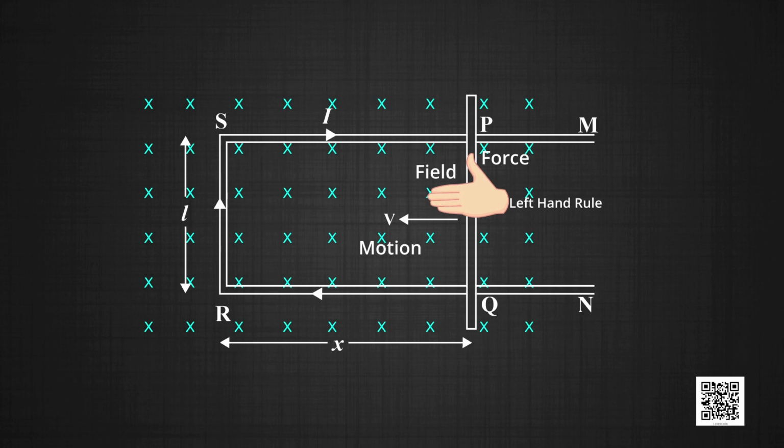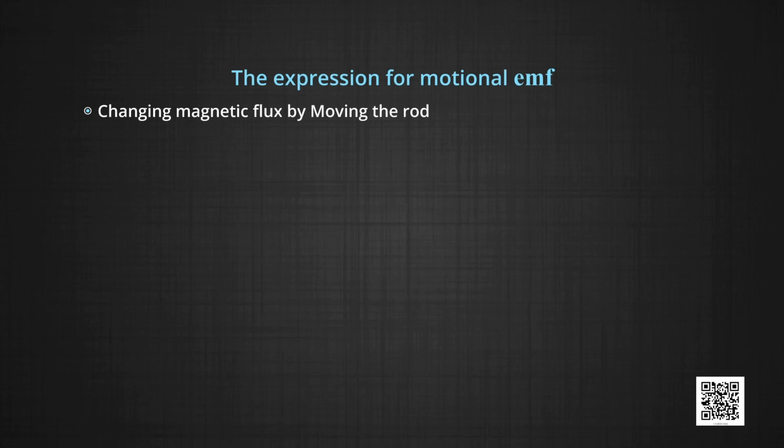Let us compare the two treatments, that is by changing the magnetic flux and by the force experienced by the charges when they are moving in the magnetic field, and see what will be the induced EMF by the two arguments. The expression of motional EMF by changing the magnetic flux by moving the rod.